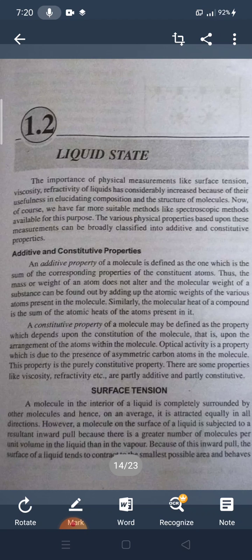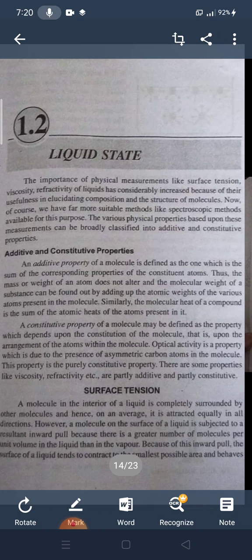A constitutive property of a molecule may be defined as a property which depends upon the constitution of the molecule, that is, upon the arrangement of the atoms within the molecule. Optical activity is the property which is due to the presence of asymmetric carbon atoms in the molecule. This property is a purely constitutive property. Example, you have to remember additive property.